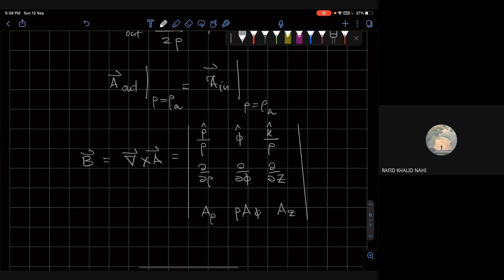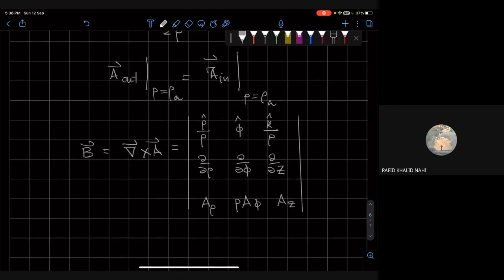This is something you should learn in your vector calculus course or tensor analysis course, and I'm not going to go into detail here. I encourage you to go back and look this up in the curvilinear coordinate part of your vector calculus course, okay?